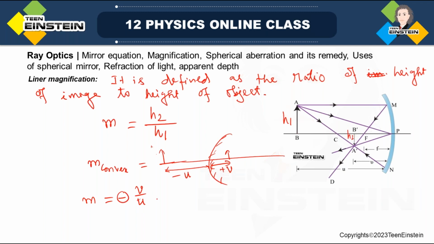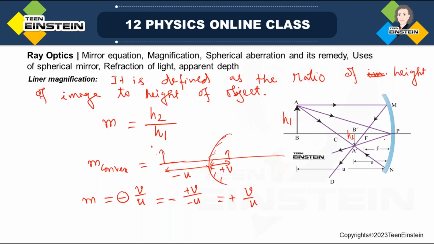Okay, now if we just put, in case of this, we'll get minus sign over here, then it will be positive v here and minus in the object distance. So this minus will make this as positive. Okay, positive v by u. So magnification for convex mirror is always positive, and in case of concave mirror, there are situations when it will be positive and some cases it will be negative.